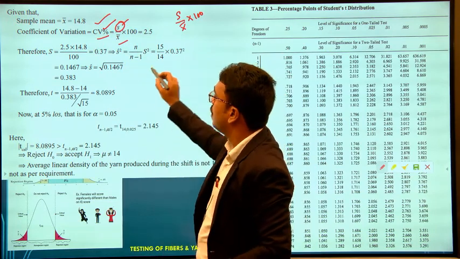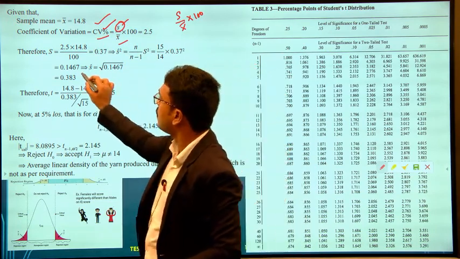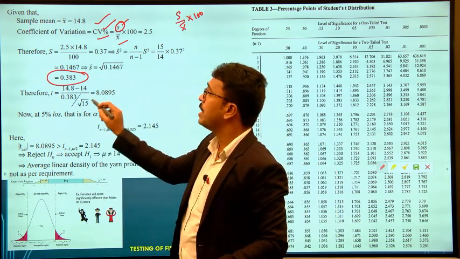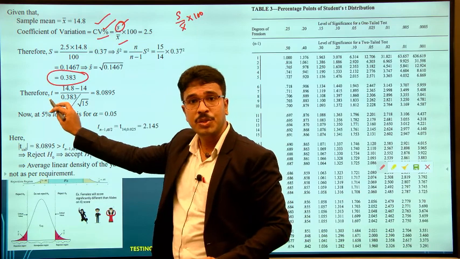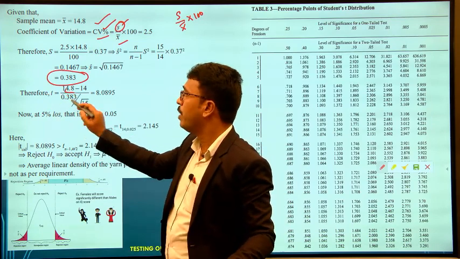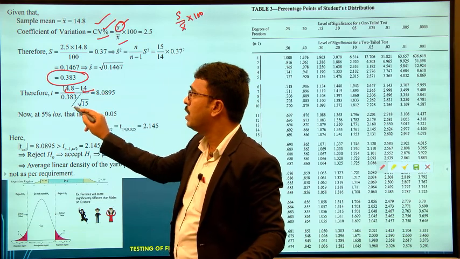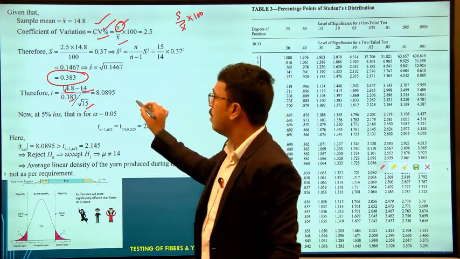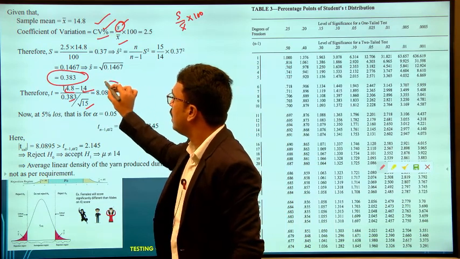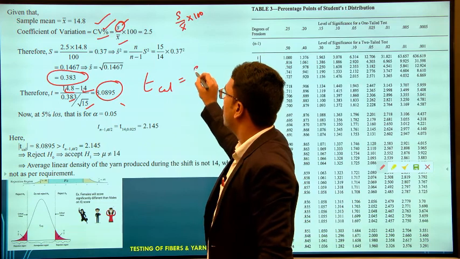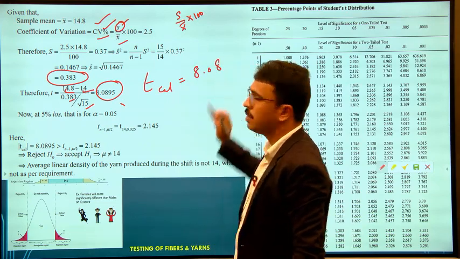So from this, we find the S value, and after finding the S value, we substitute in the T formula, that is X bar 14.8 minus mu naught 14, over S by square root of n. And finally, we arrive at the T calculated value, 8.08.